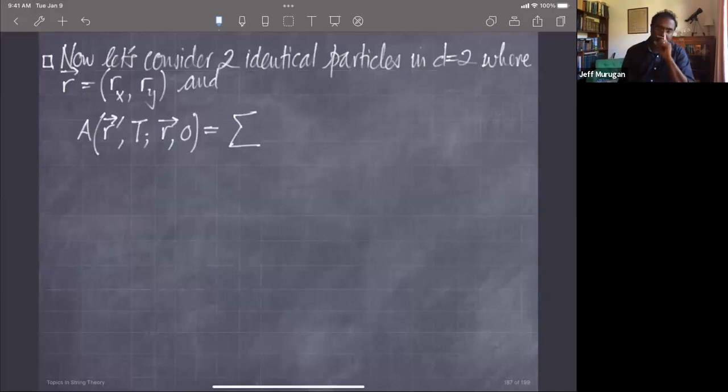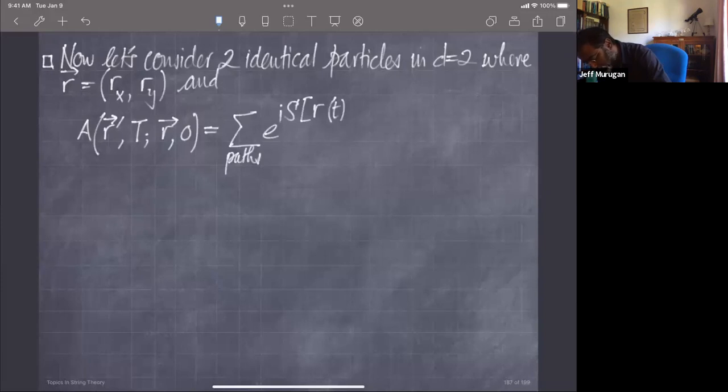And here's the difference. Now we have to try and understand what we mean by exchange paths in 2 dimensions. So it's going to be a sum over paths of the form e to the I s, and s is a functional of R of t.